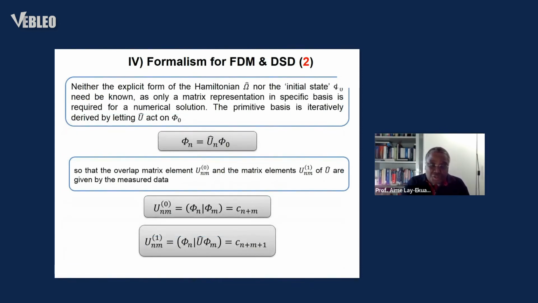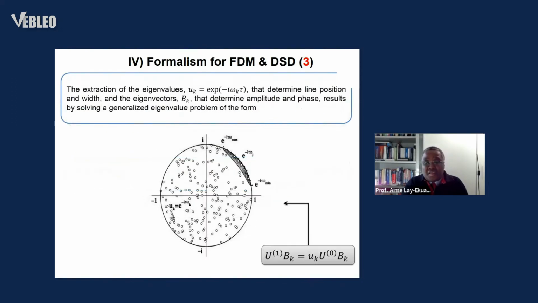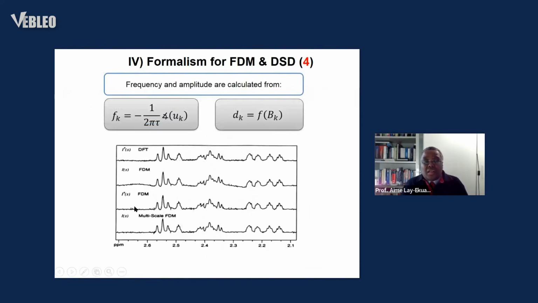So I will try to skip this formalism and show you, when we have the result, what is the difference in terms of frequency and amplitude if we want to make a comparison between Fourier transform and FDM.